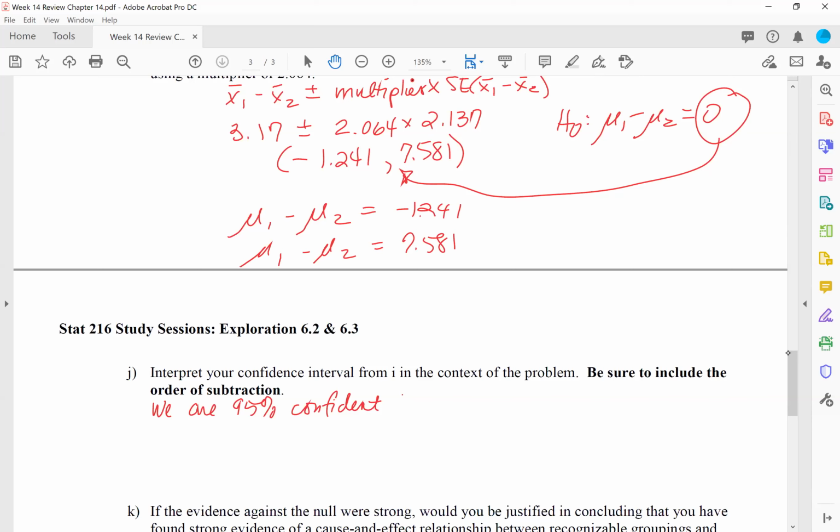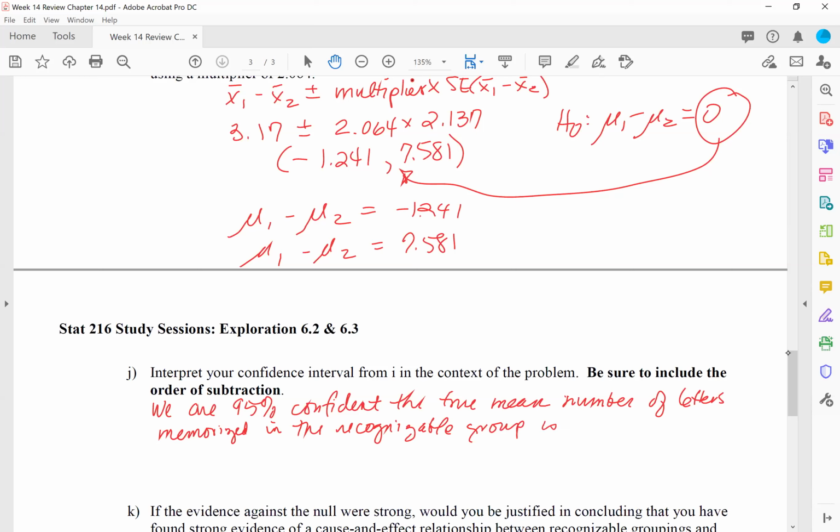So we're 95% confident the true mean number of letters memorized in the recognizable group, my group 1, is 1.241 letters less to 7.581 letters more, my observational units being letters, than for the unrecognizable group.